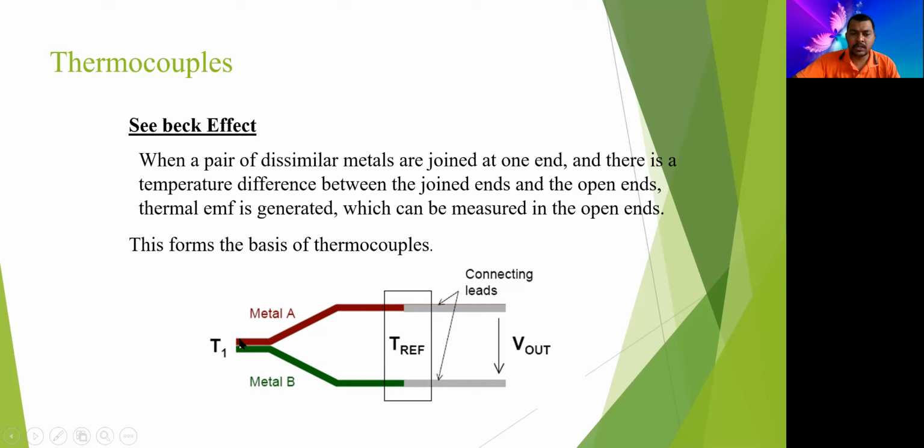And what happens as you increase the temperature at this point T1, then the electrons will take this heat energy from T1 to the T reference point, right? Since we are using two different types of metals, the transfer of heat from T1 to T reference will be different. So the speed will be different, and accordingly the current is generated.